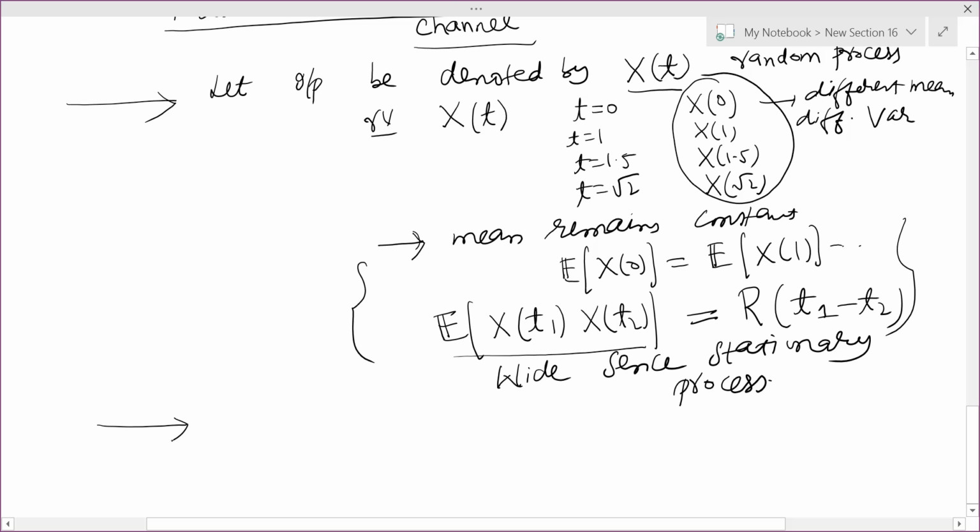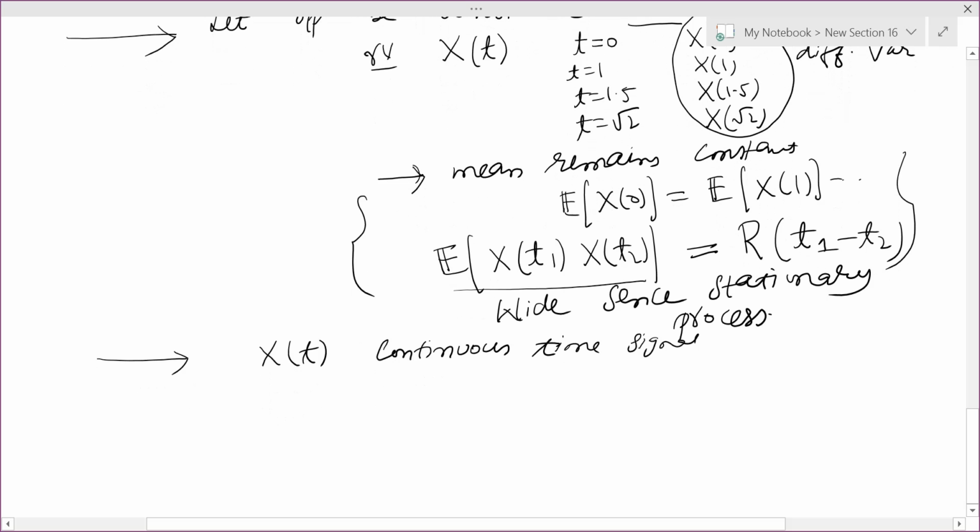Now the other thing we do is convert analog signals to digital signals, right? We will study sampling later on, but right now I would like to say something about it. Here is x of t, a continuous time signal. We don't take its value at every point of time, rather we sample it.